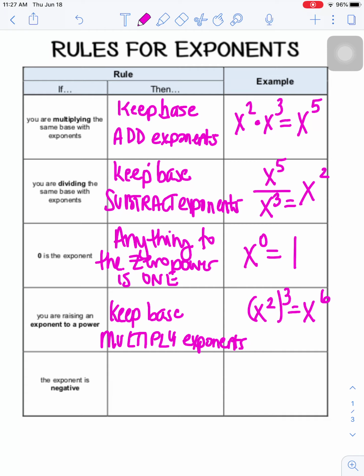Now, if the exponent is negative, you rewrite with a positive exponent. And basically, it switches spots.